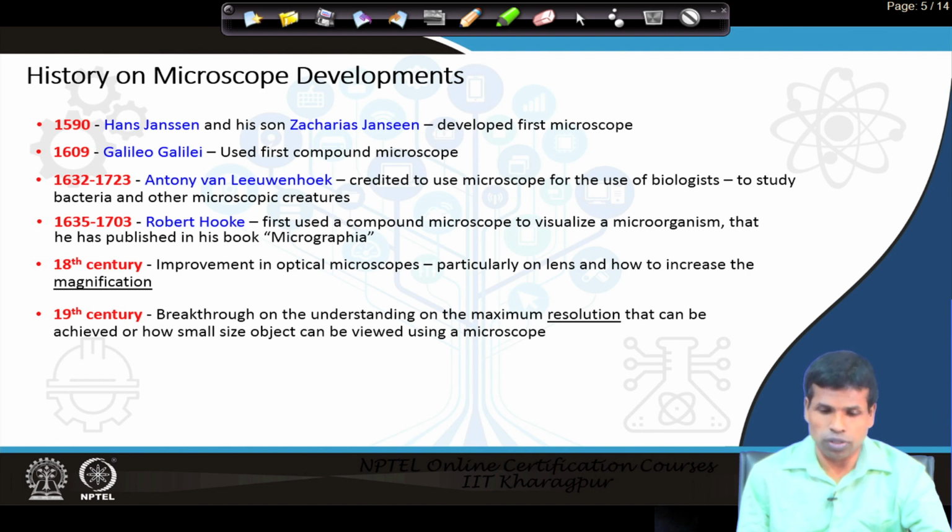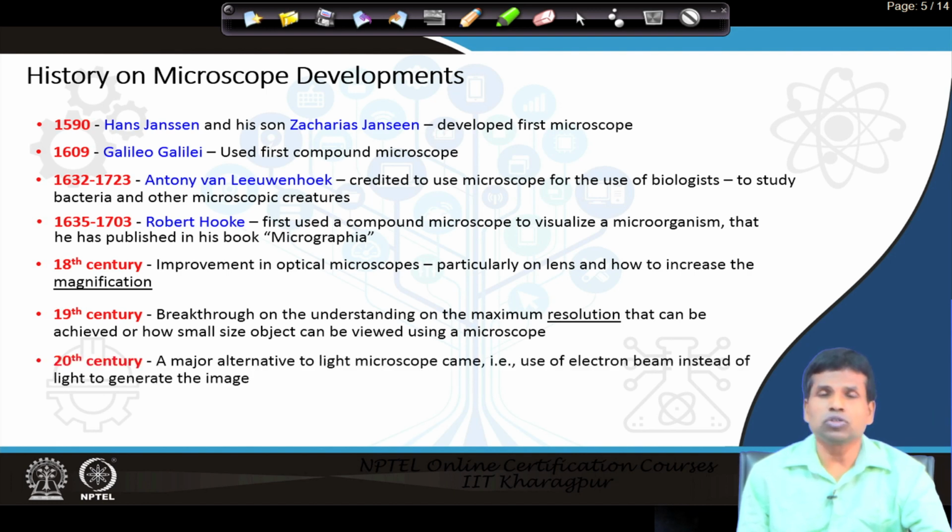Then in the 20th century, a major alternative to the light microscope came. All the previous years we had the optical or light microscope. Then in the 20th century, an electron beam instead of light was used to create the image, and this use of an electron beam could provide much superior resolution in the nanometer scale.